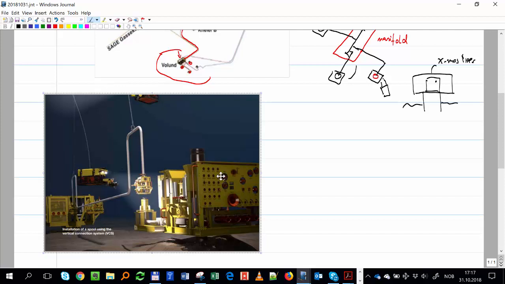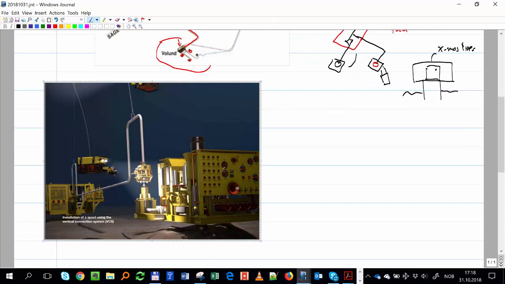Okay, if we have gas injection in the well, if we have water injection, we can have a bunch of additional valves there. Okay, but you see here, what I have to the left is a template, which is, let's say, a manifold, where I have my header that is just collecting the production from different wells.